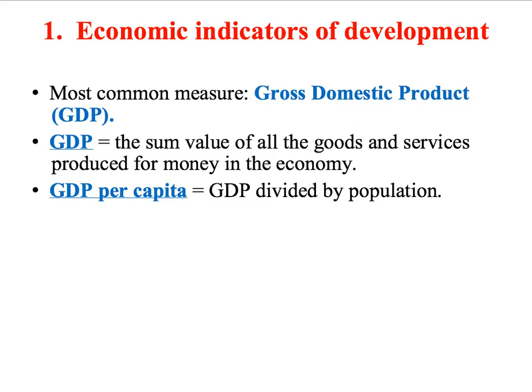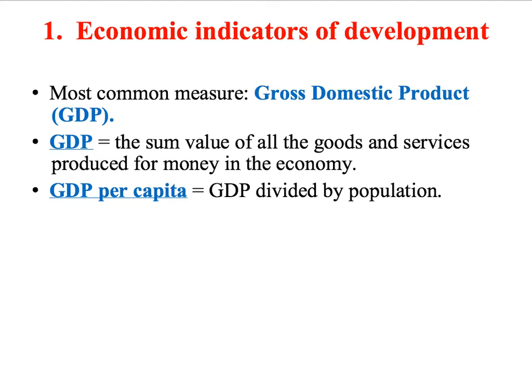So GDP is the sum value of all of the goods and services that are produced for money in a particular economy. And then this measure, GDP per capita, is GDP divided by the number of people living in the country, divided by the population.